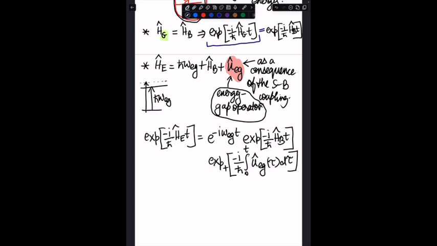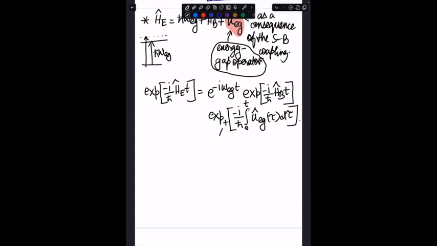Now, some things to be careful of. This is a positive time ordered exponential. So let's quickly go over this.